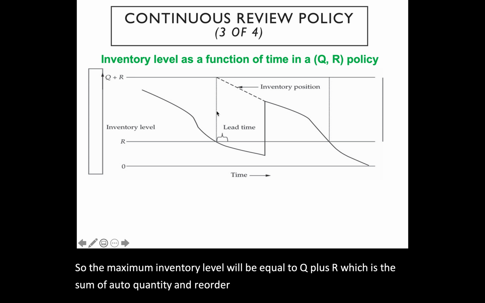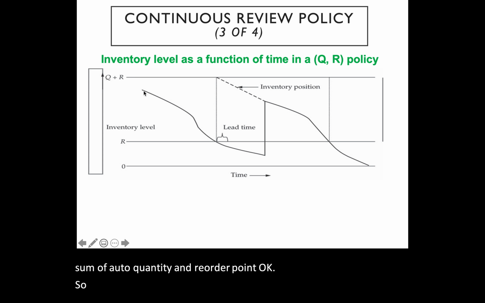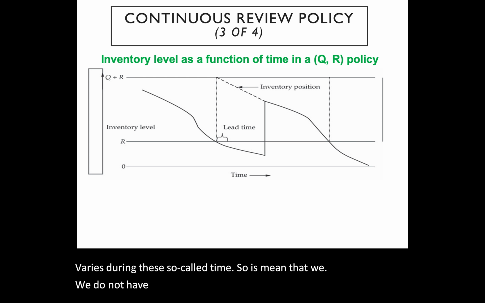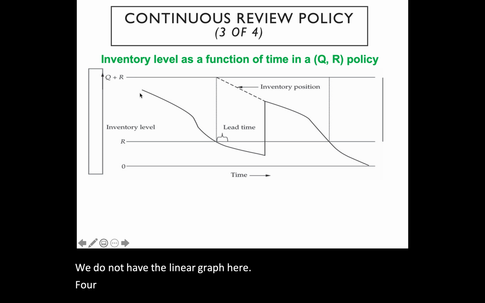Okay, so because the demand varies during the cycle time, it means that we do not have the linear graph here for the usage rate.